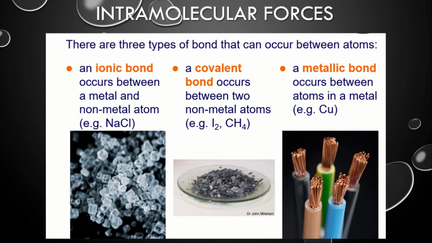Kapag pinag-minus mo yung electronegativity nila, at ang difference ay 0.4 pababa, 0.3, 0.2, 0.1, or 0, those are non-polar covalent bonds. Kapag ang difference naman sa electronegativity ay higit pa sa 0.4, so that means 0.5 pataas, those are polar covalent bond. Mamaya, we will discuss the differences ng polar and non-polar covalent bond in detail.